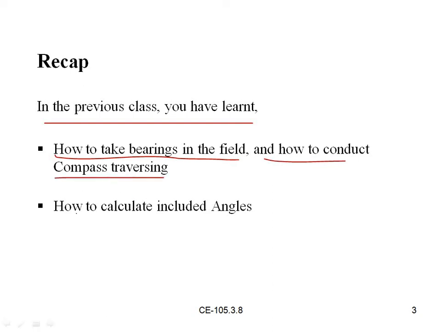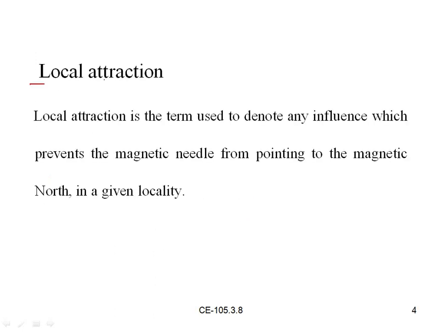We have also seen how to calculate included angles, that is (2n minus 4) into 90 degrees, and (2n plus 4) into 90 degrees for the exterior angle method. So first of all, let us see the local attraction definition.